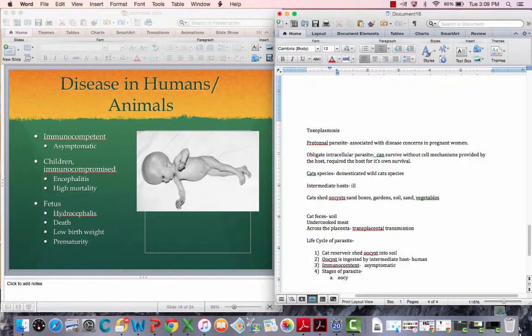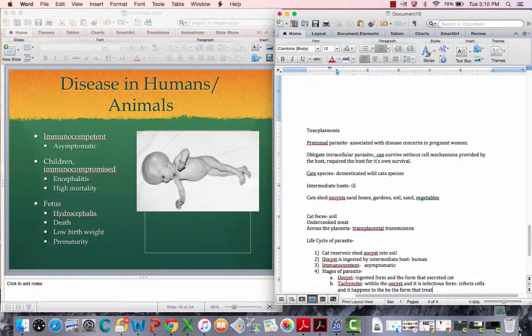First there's the oocyst, which is the ingested form, and the form that is excreted from the reservoir, the cat. Then you have what's called a tachyzoite, and this is within the oocyst, and it is the infectious form. That's the form that actually infects cells, and it also happens to be the form that is capable of being destroyed by medication.